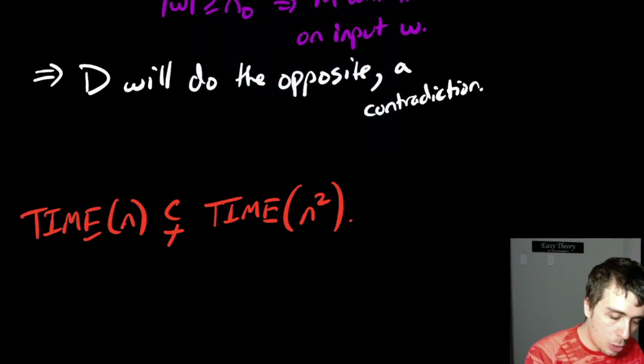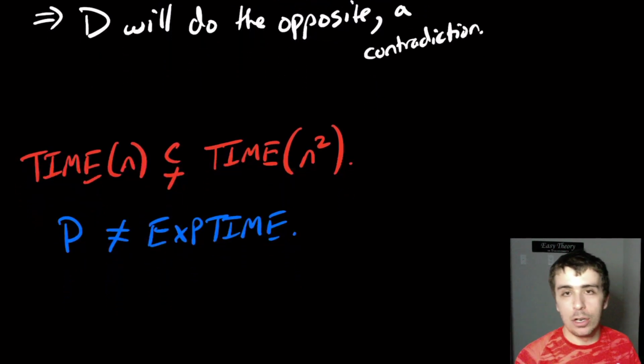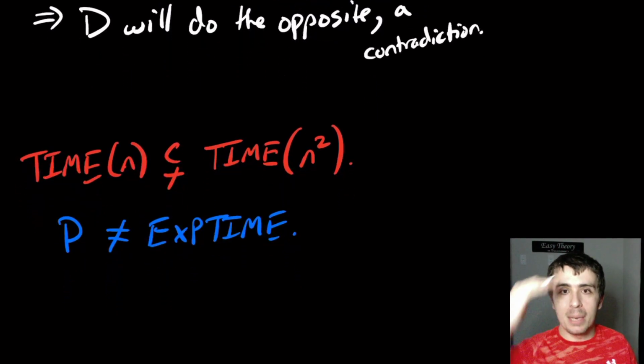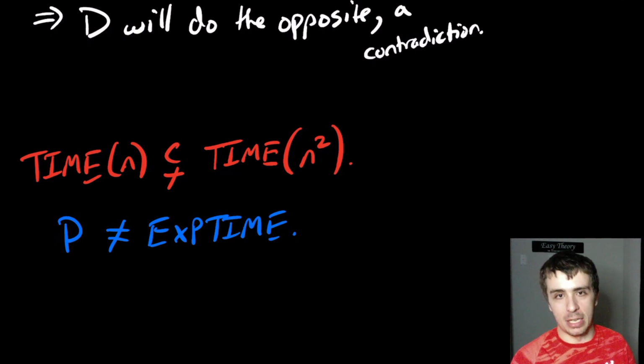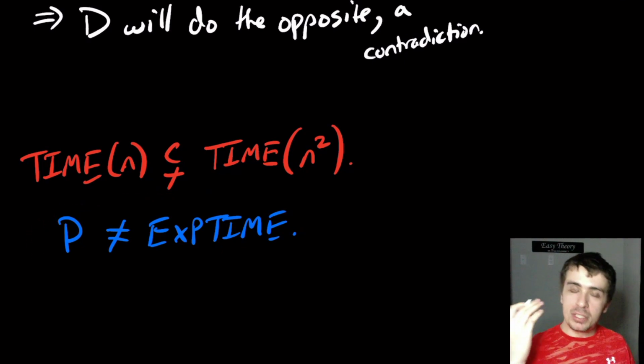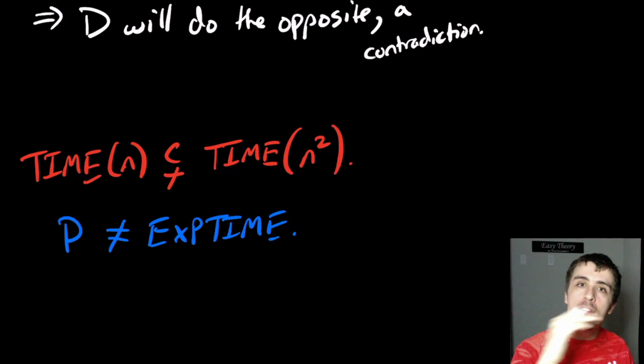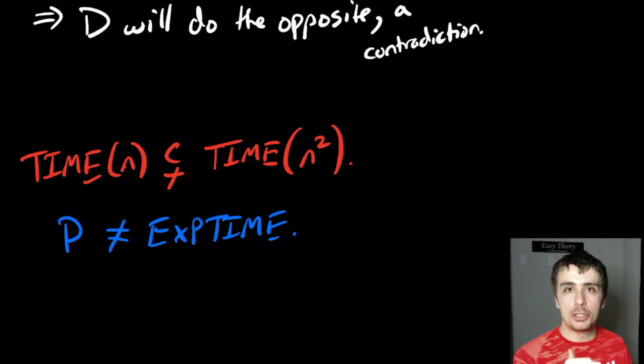One thing that you can show here is that polynomial time is not equal to exponential time, because any polynomial that you want is going to be less than any exponential that you want. And this will get us something really interesting, in that we'll eventually see some containments between P and EXPTIME, which would imply that one of those containments is strict.